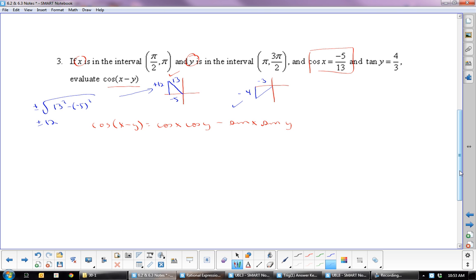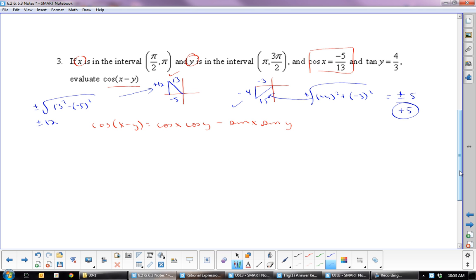Okay, and so we need to find the hypotenuse now, right? So let's go negative 4 squared plus negative 3 squared. We'll take the square root. That's plus or minus, and we get the answer plus or minus 5. So which one would it be? Plus 5, because radius is always positive.